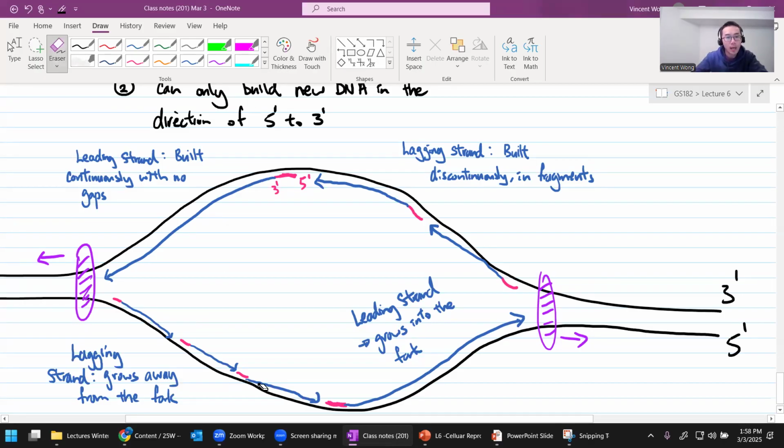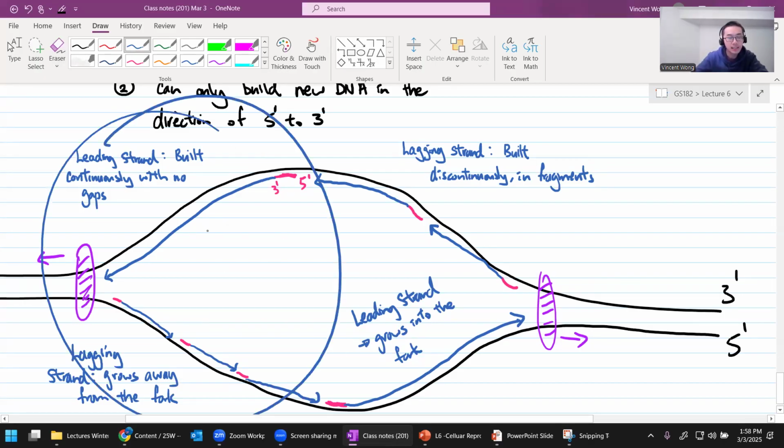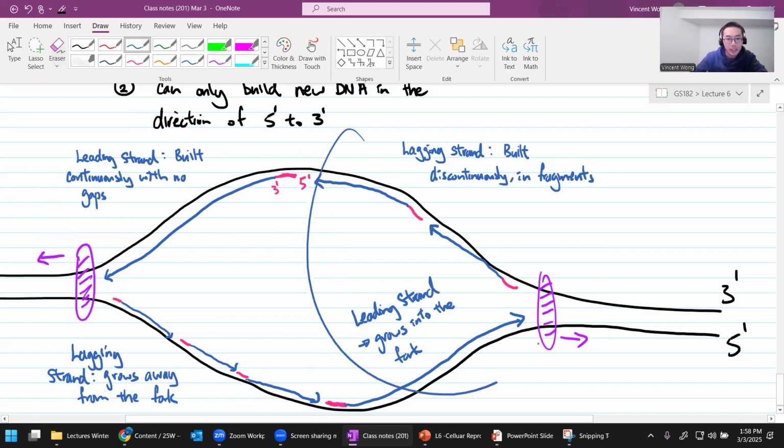So if you look at one side of the fork only, then one strand is leading and the other is lagging. And on the other side of the fork, it's also one strand being leading, the other being lagging, but the position has been switched.